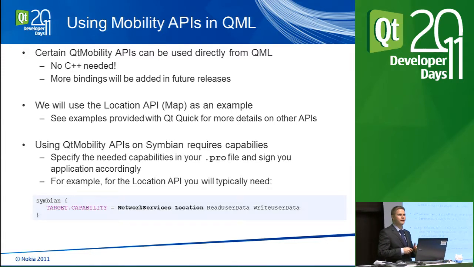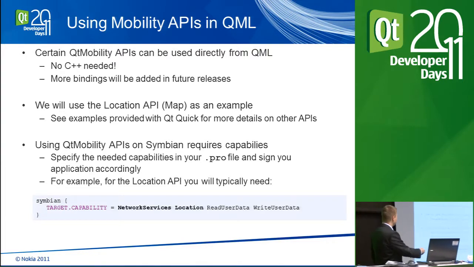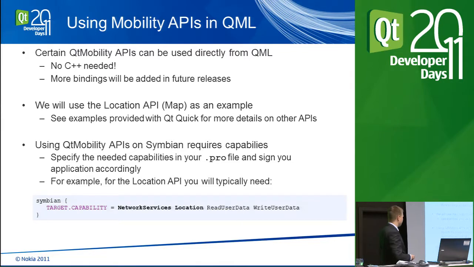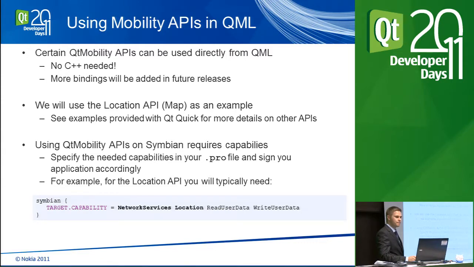There might be certain capabilities on Symbian that we need to define for our application to be able to use these technologies, like, for example, location data. And to define these capabilities, we can use the target capability in the project file.